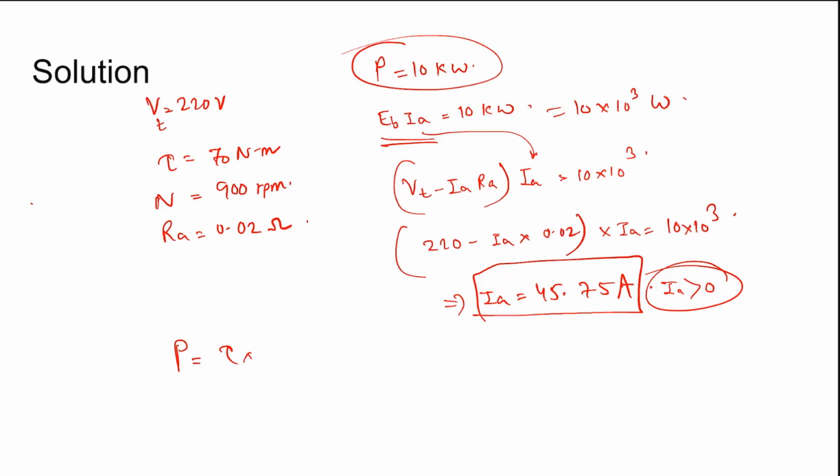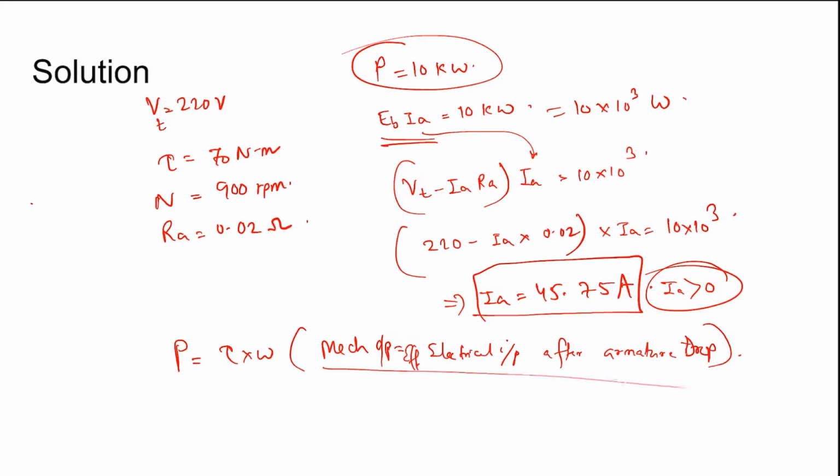Now power is also tau into omega. Here mechanical output equals effective electrical input after the armature drop, that is the IaRa drop. After that, the remaining electrical power goes into producing the rotational energy. So we have not assumed any rotational loss.